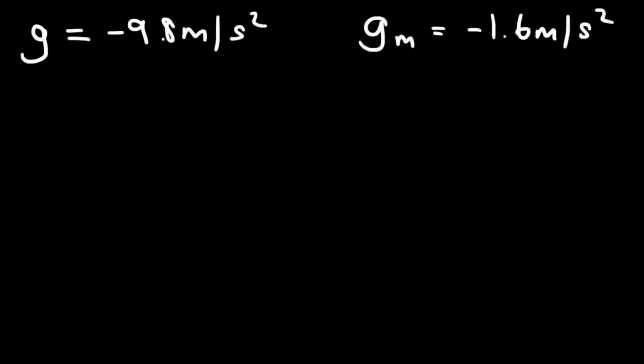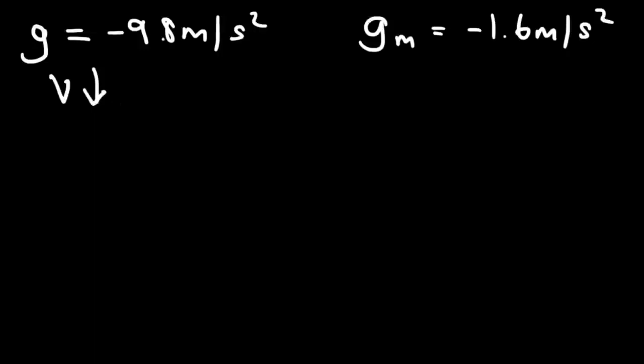But let's focus on the gravitational acceleration of the Earth, negative 9.8. What does that mean? Well, in the last example, we saw what a negative acceleration can do to velocity. And so the fact that this gravitational acceleration is negative means that it will always decrease the velocity.